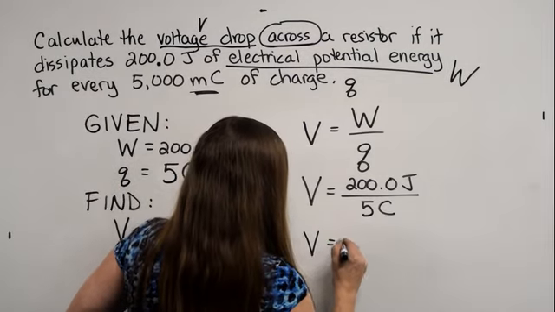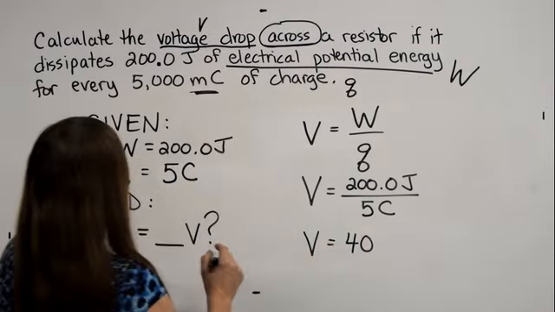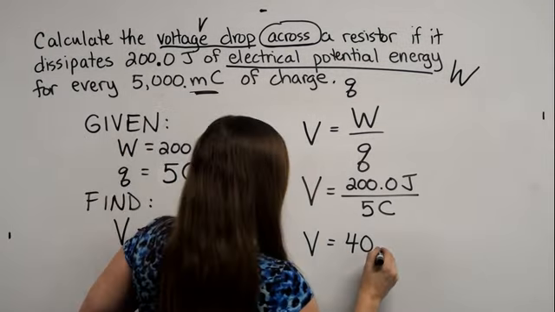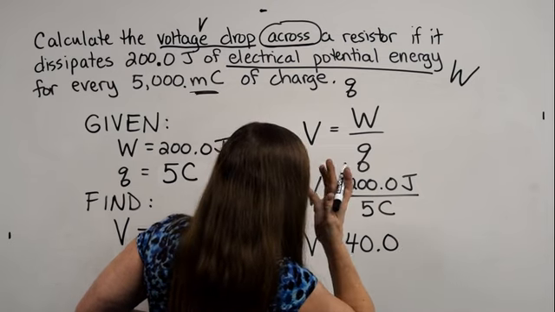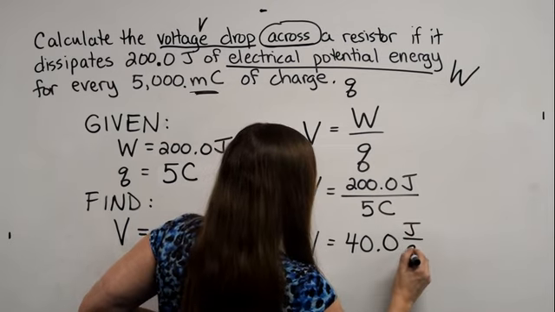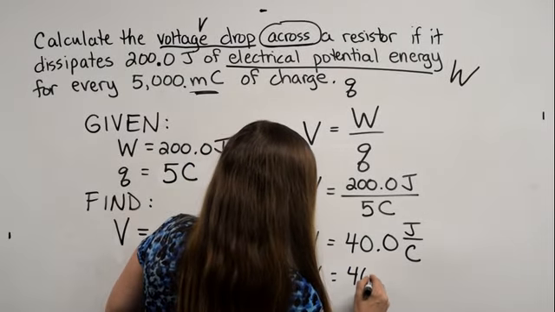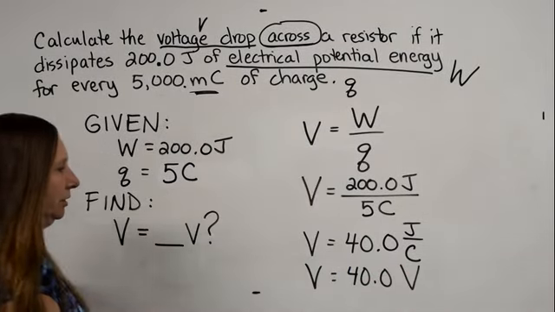The voltage is 40. We've got how many significant figures? Well, if we put a dot there, we'd have 3 significant figures. 40 joules per coulomb, or you could say V is 40 volts.